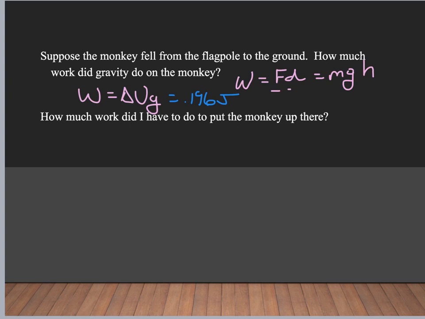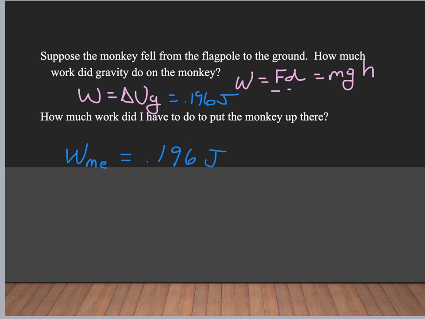So the next question is, how much work did I have to do to put the monkey up there? That's supposed to be a J. So the work done by me would be 0.196 joules.